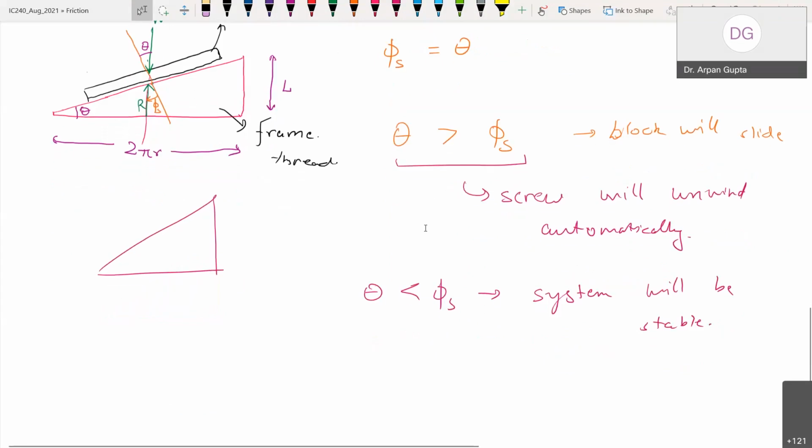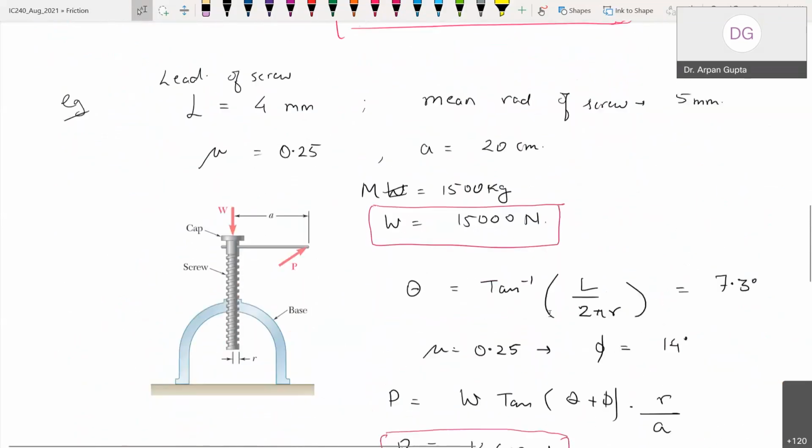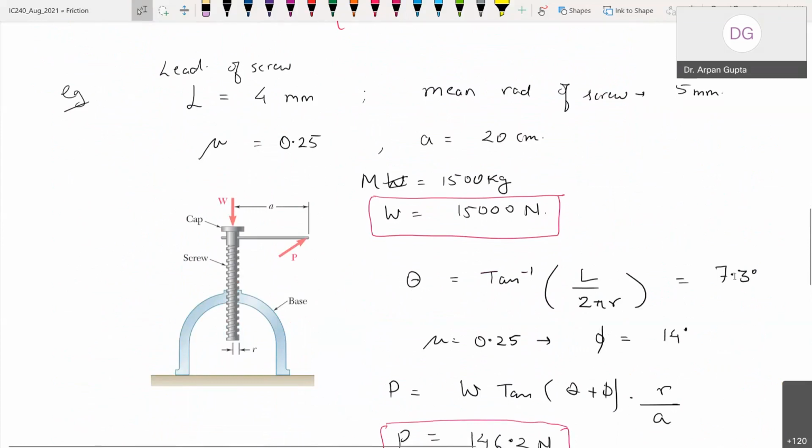Okay. And therefore, for designing, generally this is the consideration in all screw jacks and other cases. The theta is generally less than phi s. And you can even see in the problem that we have considered, your theta value was 7 and phi value was around 14.